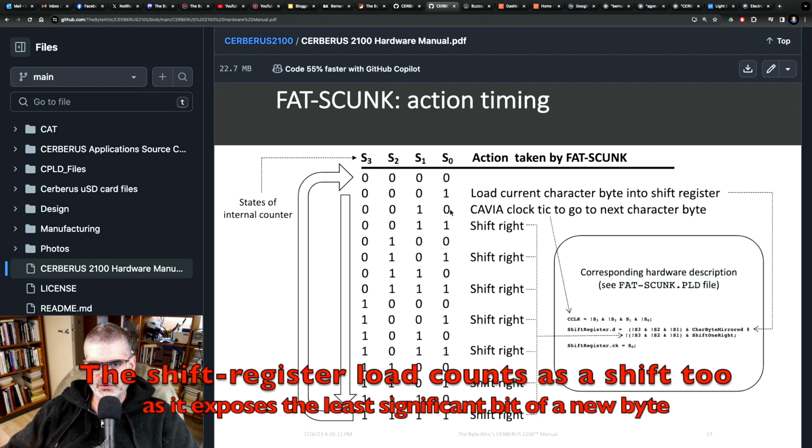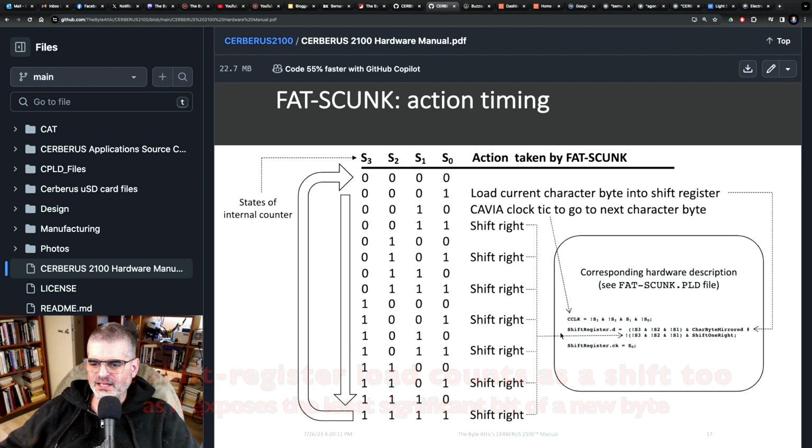And here, when we've shifted 8 times, we load another byte into the shift register, and then we shift it 8 times, and then we load another byte and shift it 8 times. That's what you're seeing here, written down with letters and numbers, which is much more succinct than if you draw schematics, but it requires that you know what you're doing just as it does if you were to draw a schematic.